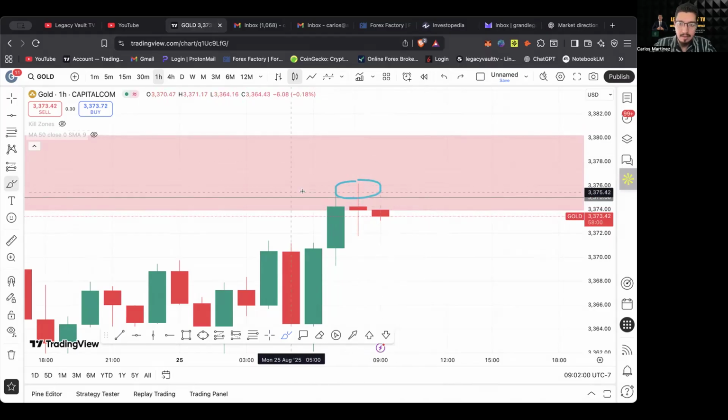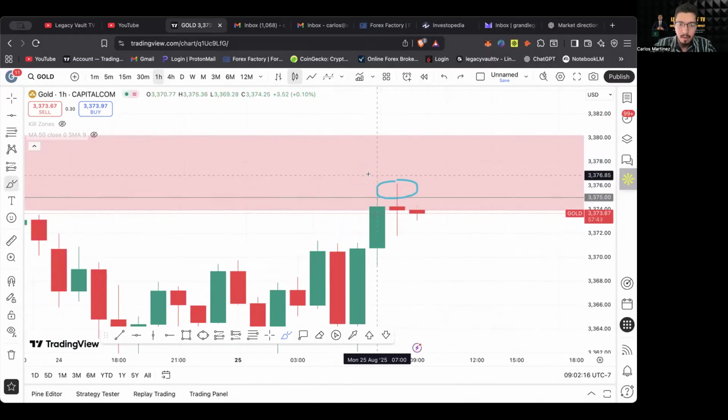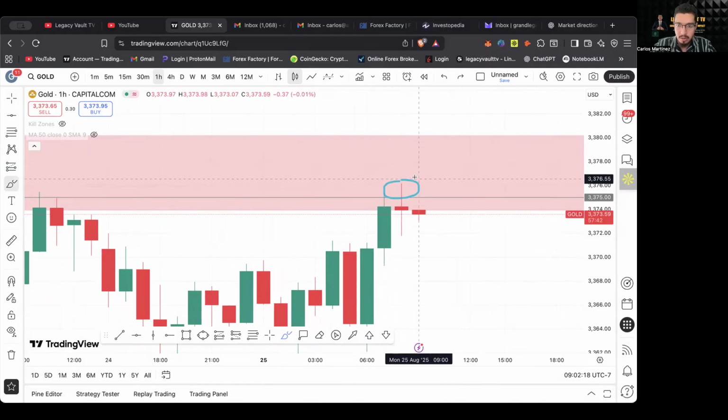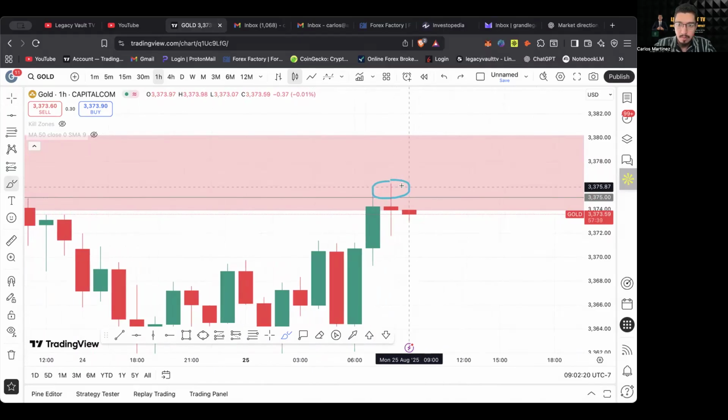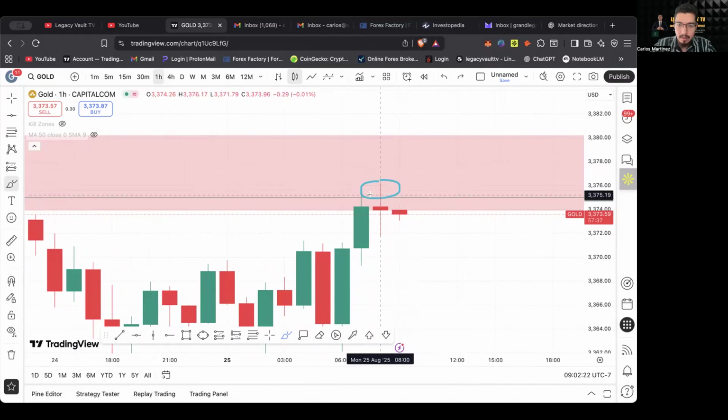And on top of that, it's a supply zone, so it's very sensitive around this area. You have the resistance at 33.75, and then you have the supply zone around that. It's an area of high selling pressure, so price tends to react around this area and around this price.